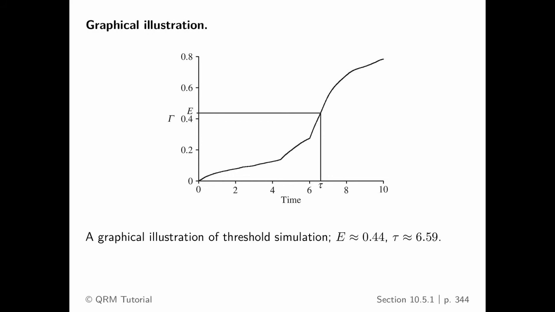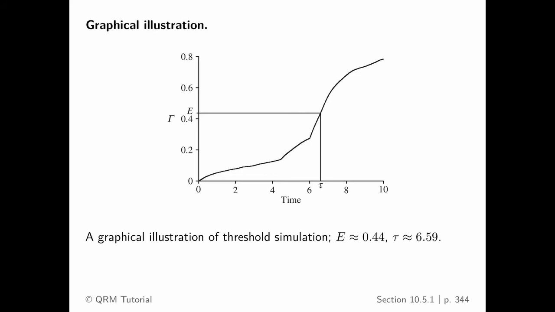How to do that depends on which specific model you're using. A typical model people use is the so-called Cox-Ingersoll-Ross model, which I will write down. Then, if you have a trajectory of the hazard rate, you compute the integrated hazard rate, Gamma, which is just the integral from 0 to small t of gamma s ds.